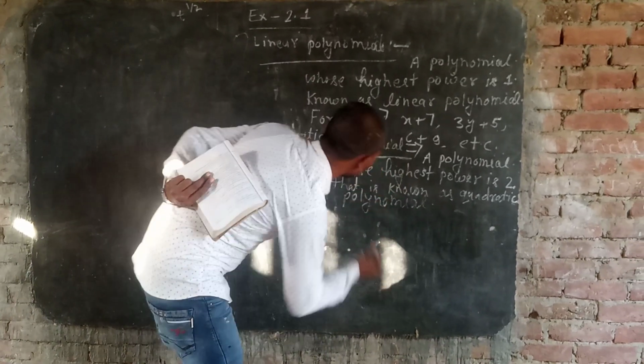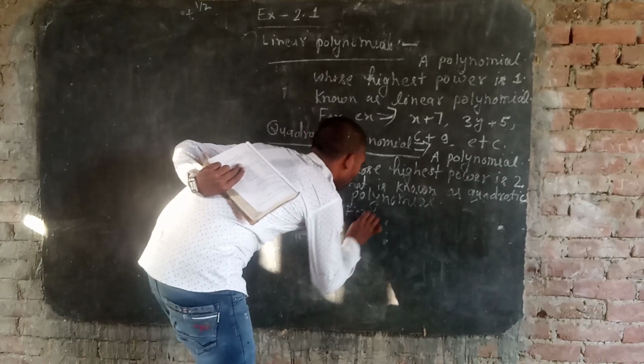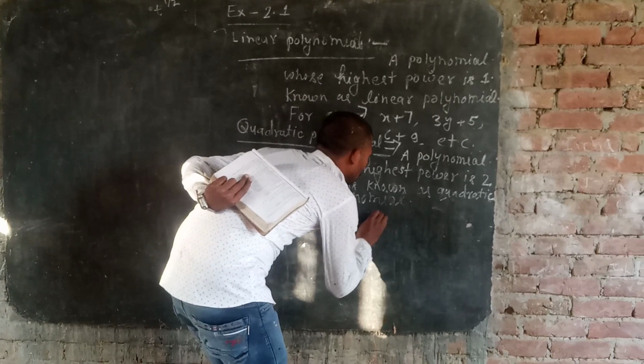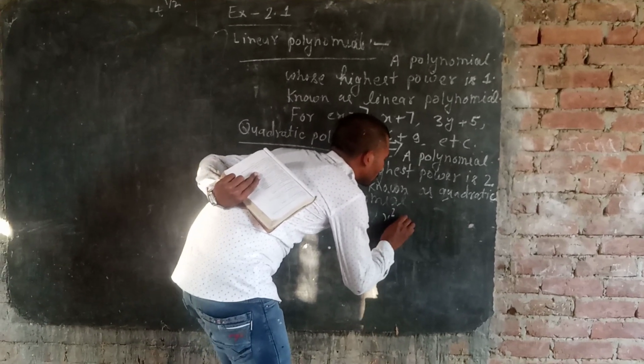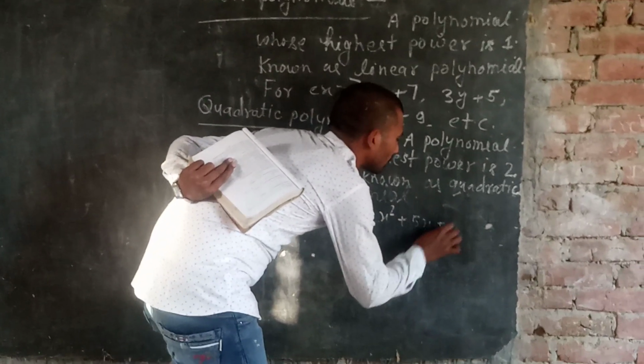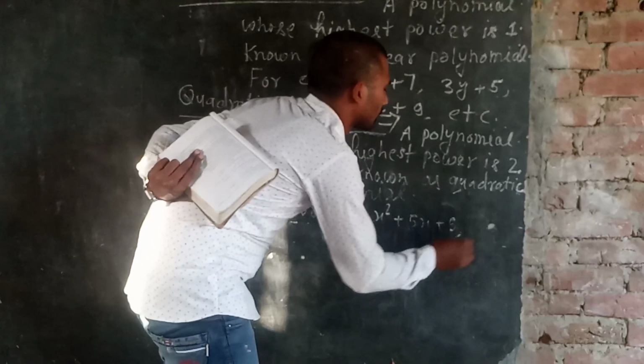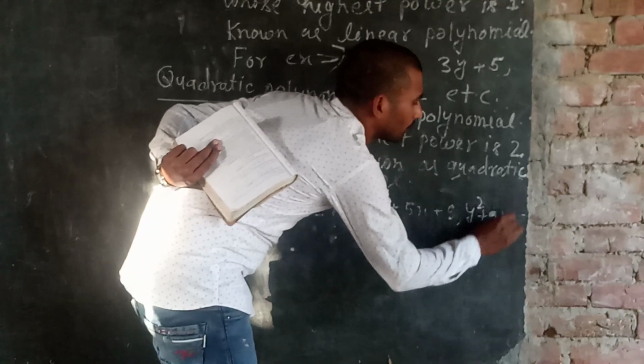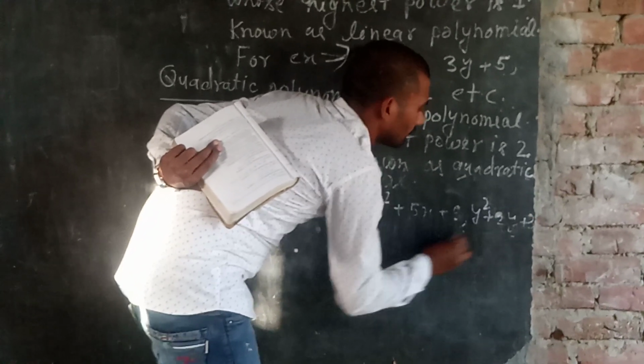For example, 2x square plus 5x plus 9, y square plus 2y plus 3, etc.